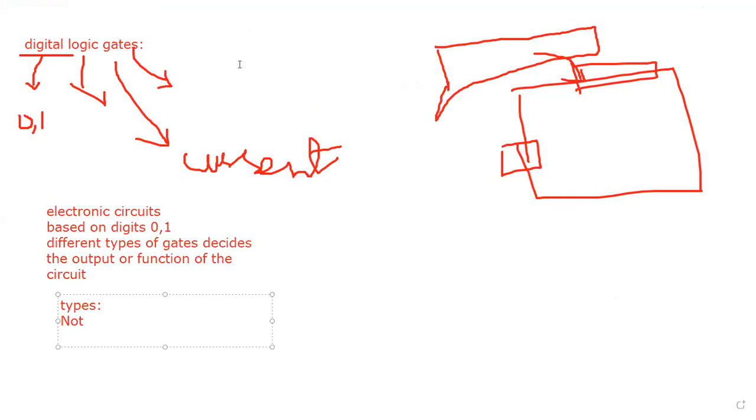Then we have got AND gate. Then OR. NAND.